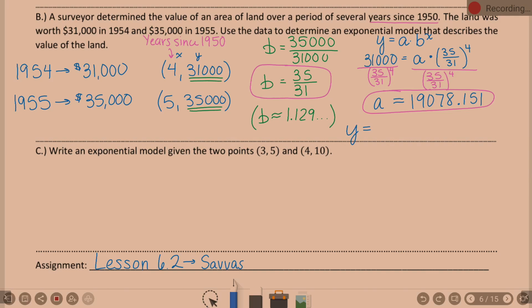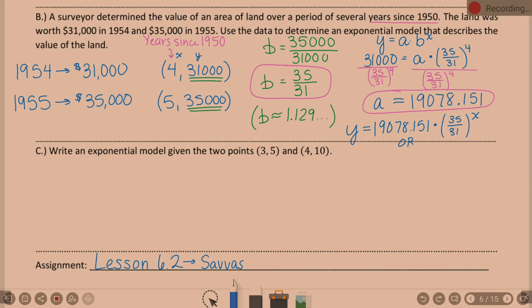So 19,078.151 times B to the X. So personally, if it was me, I would say B was 35 over 31 raised to the X. However, I don't know that Savas wants a fraction there. I'm going to put it right below it.